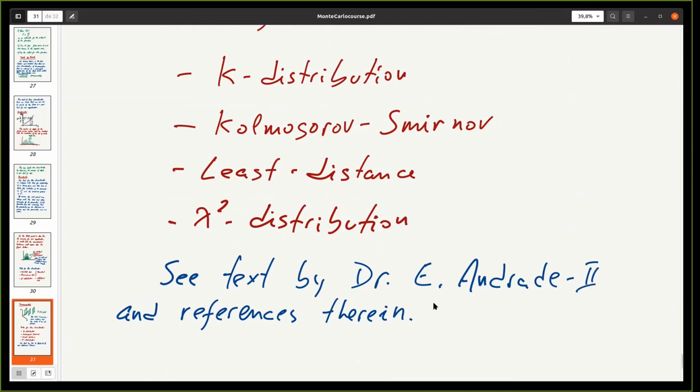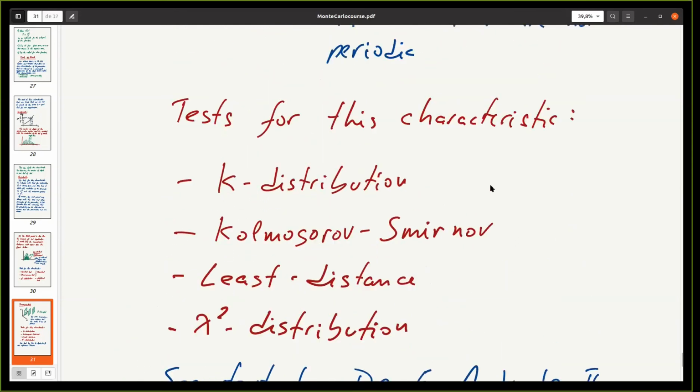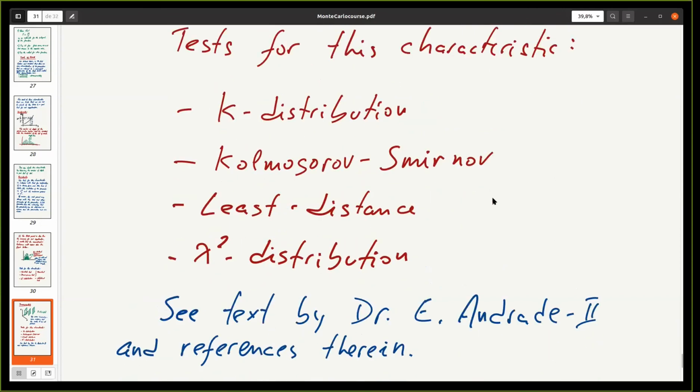This text discusses these different methods and applications. It's in Portuguese, but the references are in English, so you can read it. In the following, we will see how to use the chi-square test for testing uniformity, periodicity, and dimensionality. It's a quite easy test to perform, but it's very efficient.